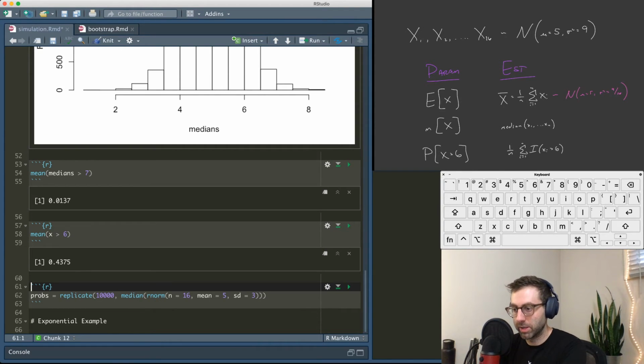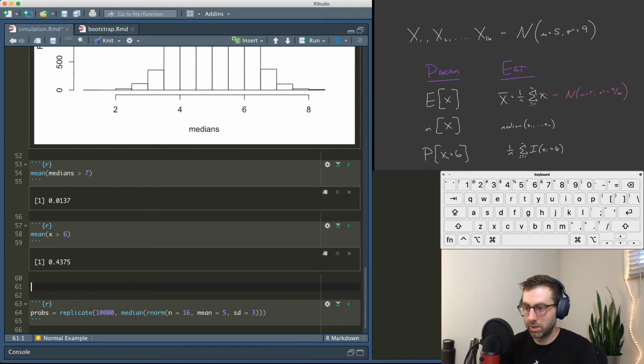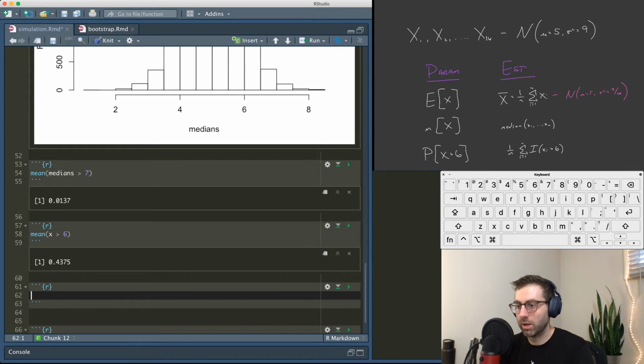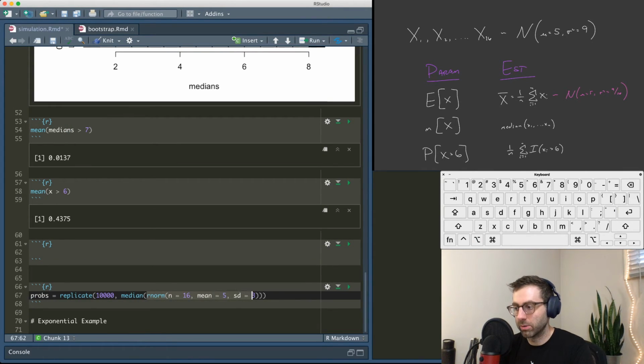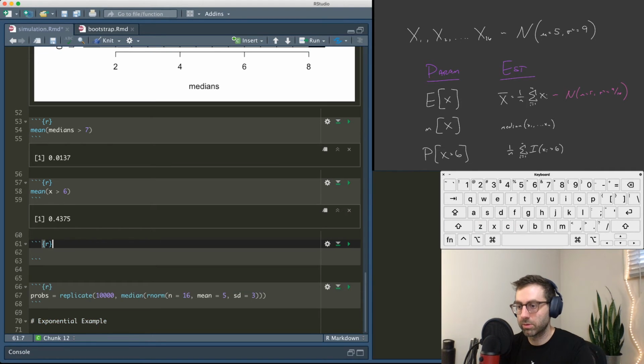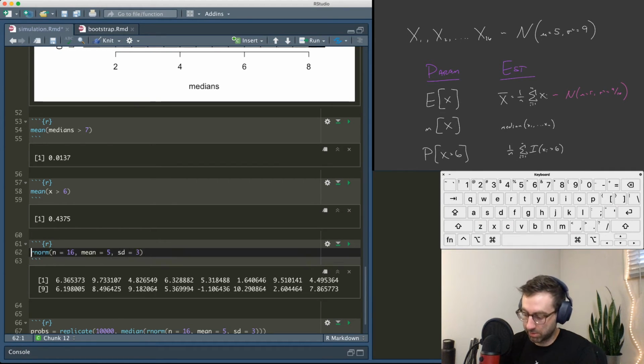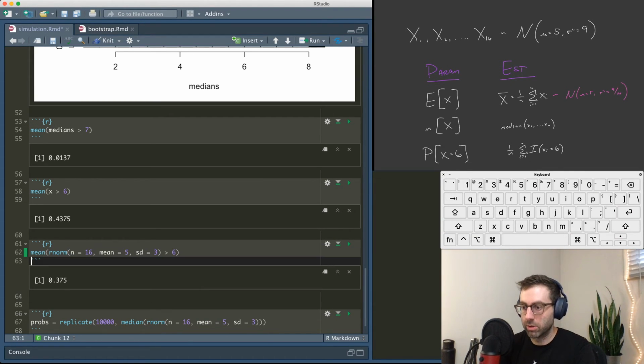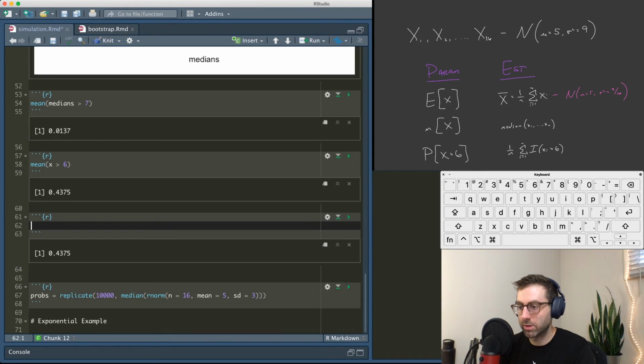So it looks like we need to do it like this now. Here's our code to do a random sample. If we do the mean of this bigger than 6, that's basically the thing we want to replicate. So let's steal it and put it here.